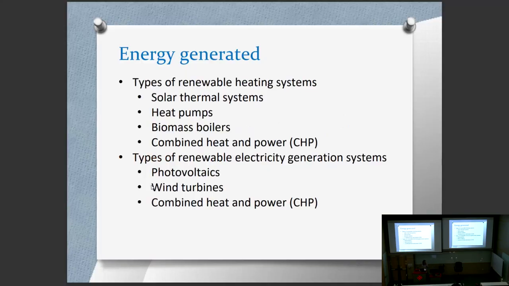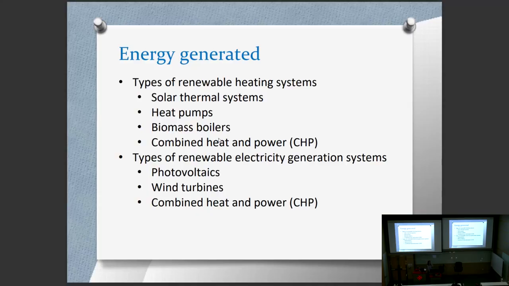Okay, types of renewable heating system. We have solar thermal system, like those you see in the village house for heating the water. And heat pumps, biomass boiler, like by burning some wood chips, some maybe crop waste, and even animal waste. These are biomass.